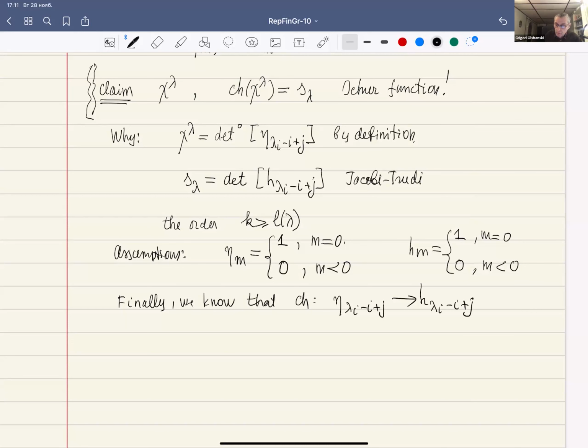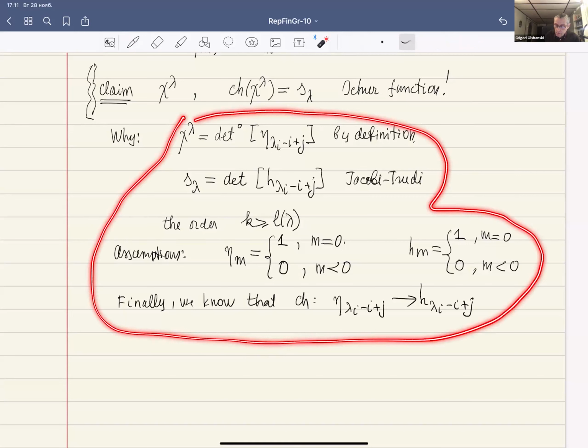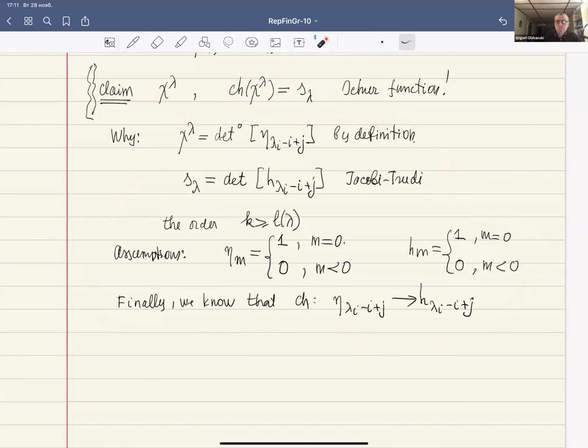So comparing all these properties, we just get this one. So the important ingredient in this story is the Jacobi-Trudi identity. Okay. Some questions maybe? No. Okay. Any questions? Is it clear?